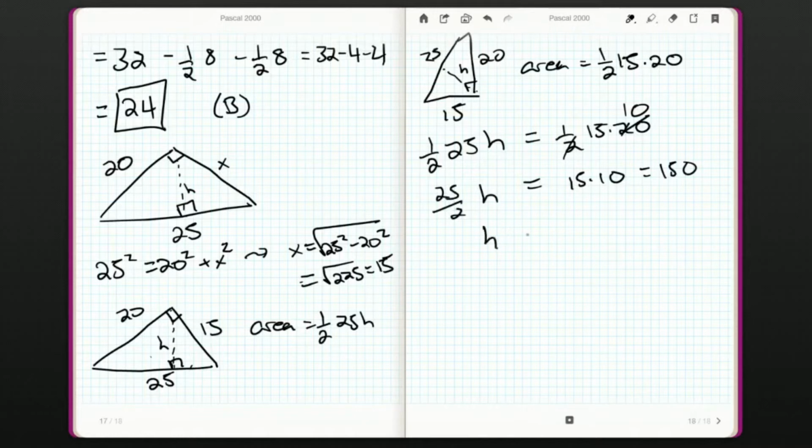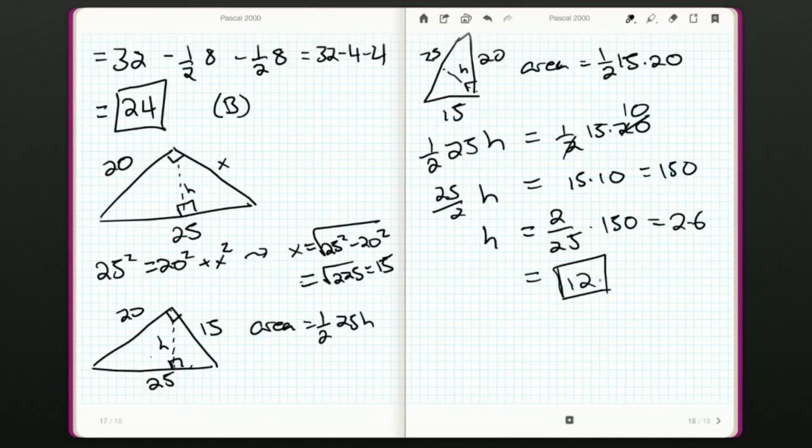So if we want h by itself, we need to get rid of this 25 over 2, so we flip it and multiply it on the other side. 25 goes into 150 6 times, so we should get 2 times 6. So we should get a final answer of 12, but let me just check that out.